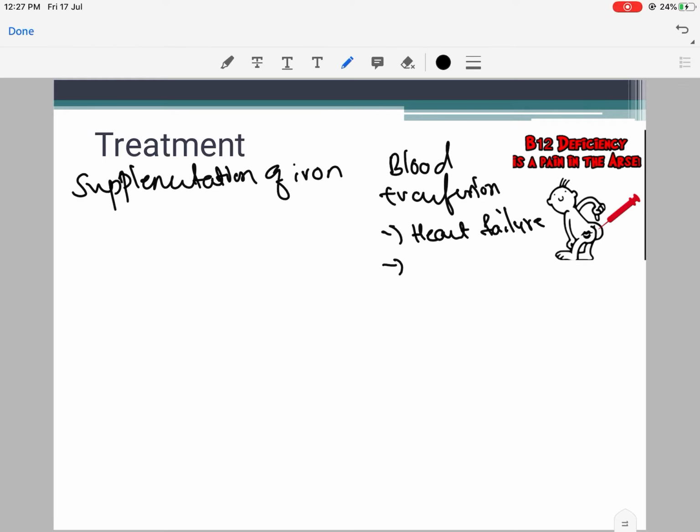Otherwise the absolute indication is hemoglobin less than 7 milligram per deciliter, and the patient should be decompensating. If the hemoglobin is, suppose, 6 and the patient is compensated, then there is no need for blood transfusion. You can supplement iron.